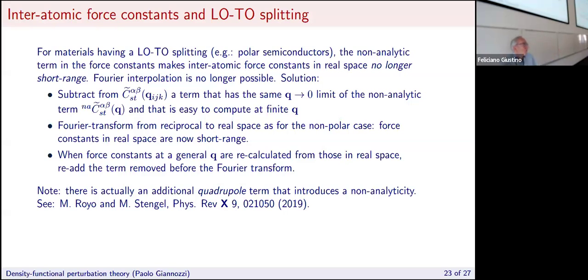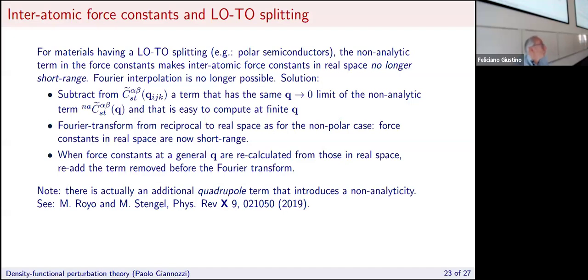At q equals 0, you have the non-analytic term, but you cannot just ignore it at q equals 0 and leave it at finite q, because you will get a discontinuity, a non-analyticity that will make the Fourier transform fail, for a good reason: the real space force constants are no longer short range due to the presence of macroscopic electric field.